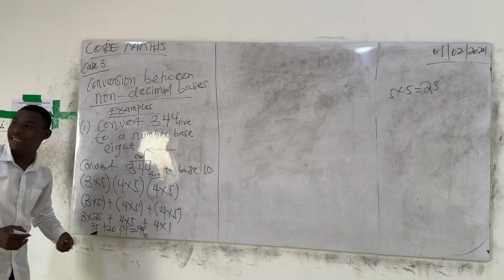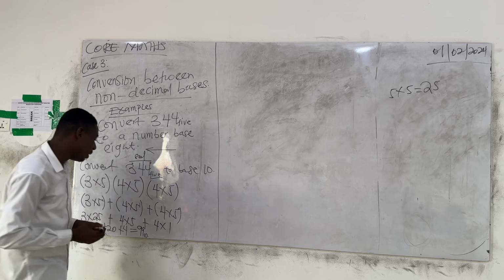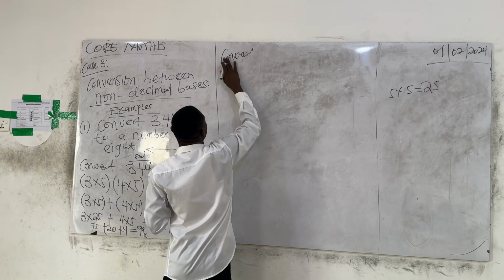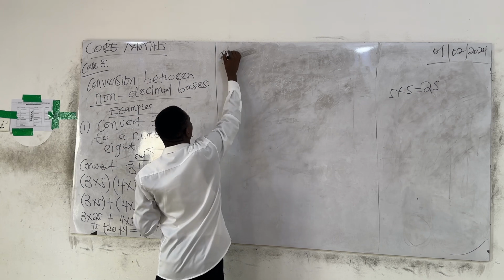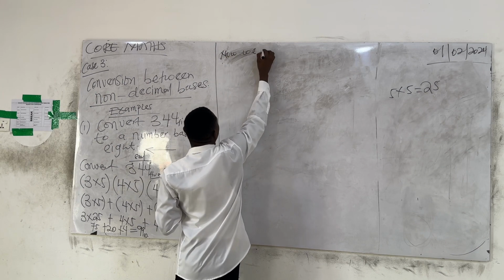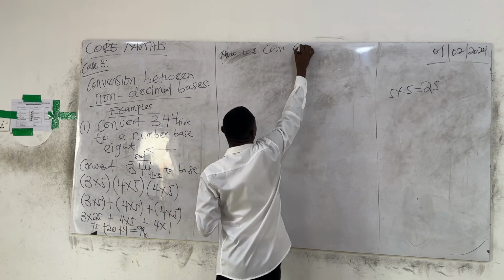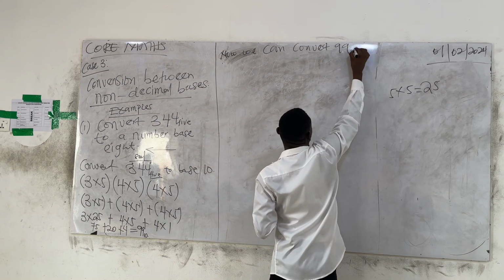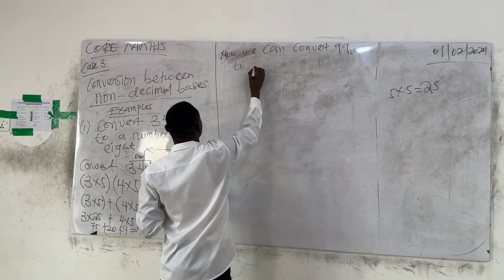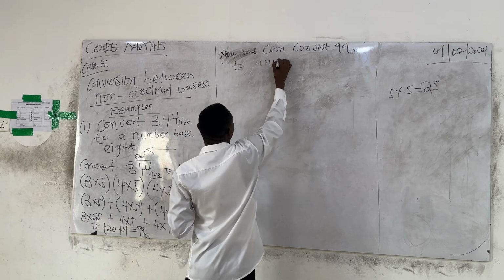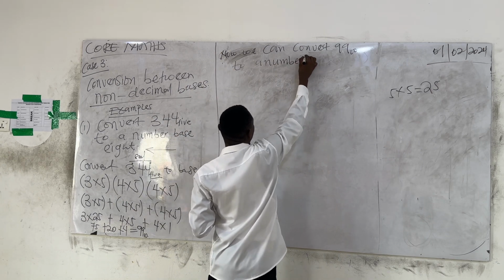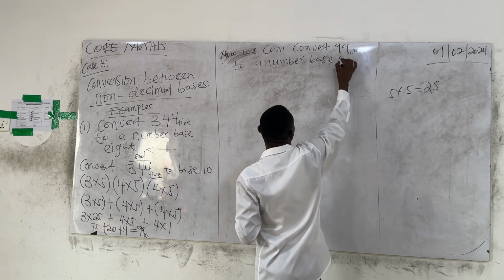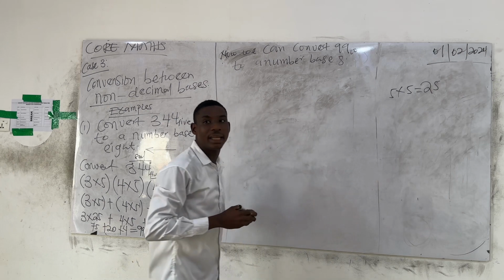Now that it is in base 10, it means we can convert 99 base 10 to a number base what? Base 8.